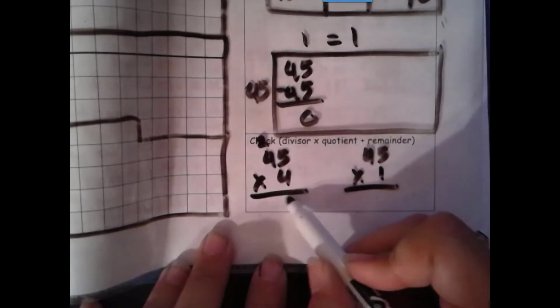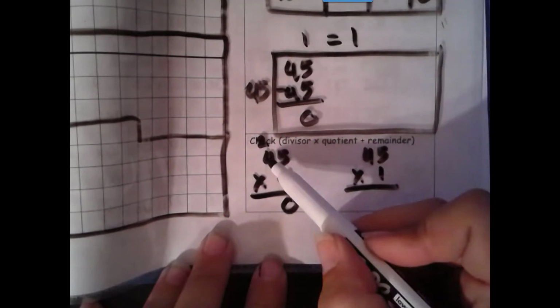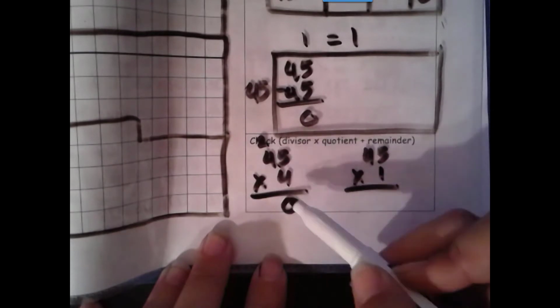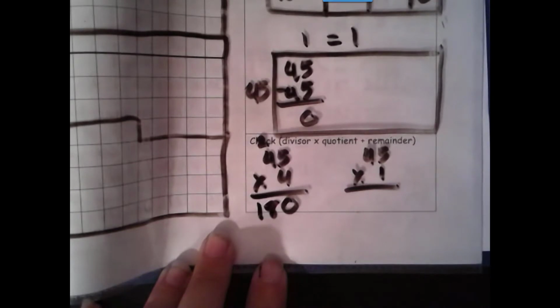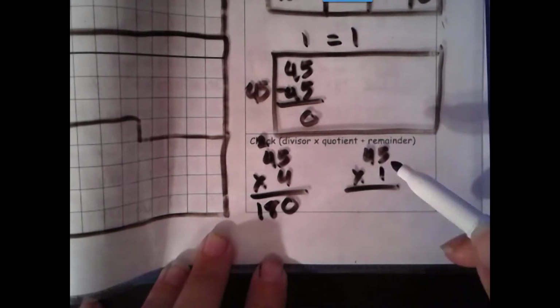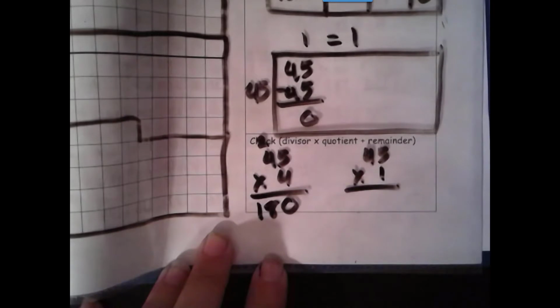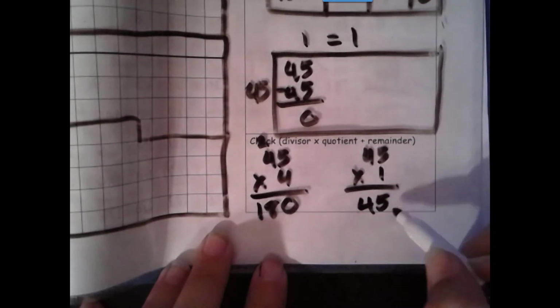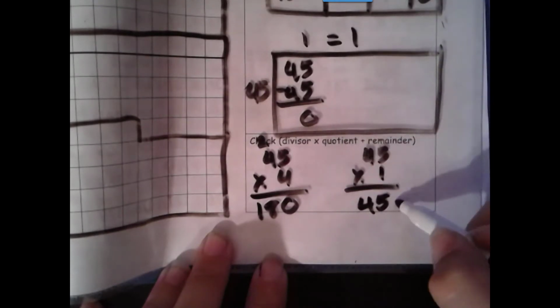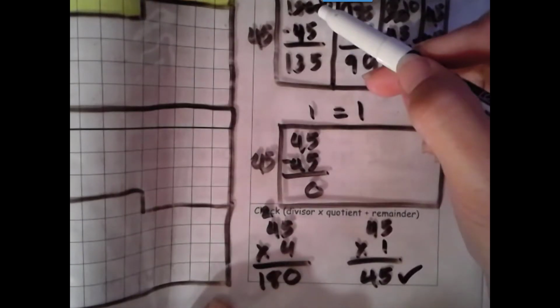We regroup the 2, bring down the 0. 4 groups of 4 tens is 16 tens, plus 2 more tens is 18 tens, or 180. Here we have the identity property of multiplication that says when you multiply by 1 it stays the same, because one group of 5 is 5, one group of 40 is 40. So 45 checks. 180 matches our dividend up here, so that checks. That means our numerator is definitely 1, and our denominator is definitely 4.